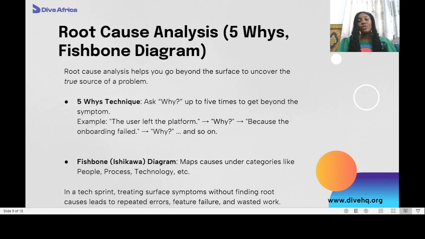Next is the fishbone diagram, a visual tool that helps you map out possible causes of a problem. It looks like a fish skeleton. You write the problem at the head of the fish and draw bones that represent possible causes.